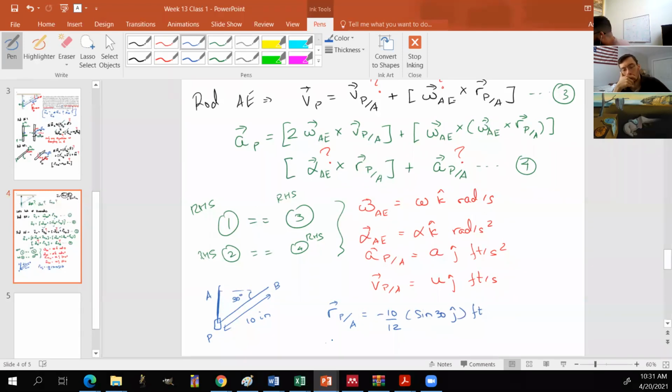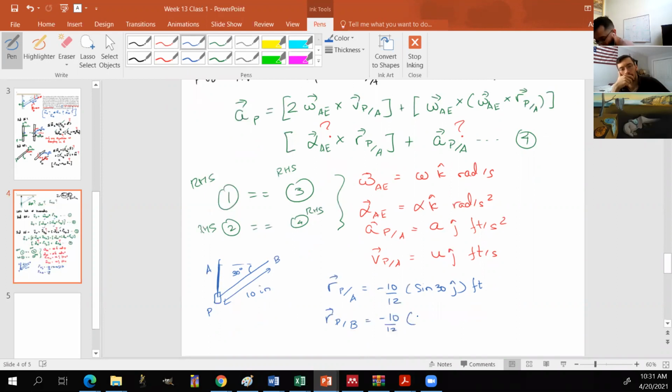And then for R of P relative to B, you're going to have two components, both in the negative i hat and the negative j hat direction. So you get minus 10 over 12 times cosine 30 i hat plus sine 30 j hat. And this is in feet.